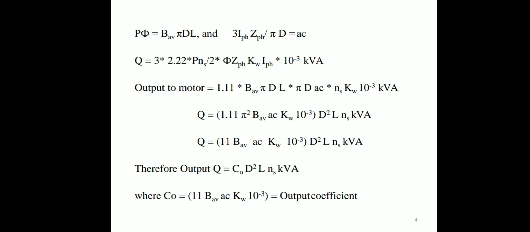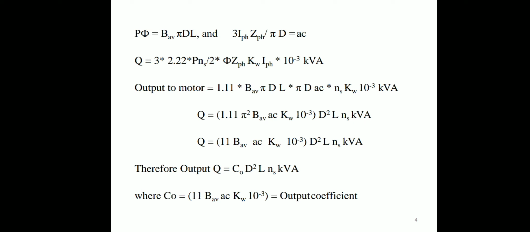Output of the motor is equal to 1.11 into BAV pi D L into pi D AC into NS kW 10 raised to power minus 3 kVA. Now Q is equal to 1.11 pi square BAV AC kW 10 raised to power minus 3, in a single bracket, into D square L NS kVA.